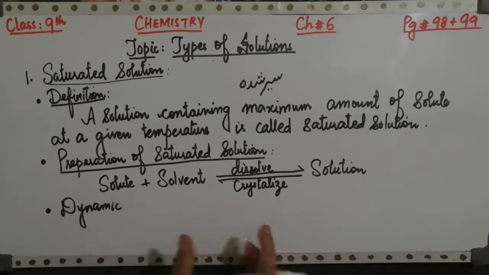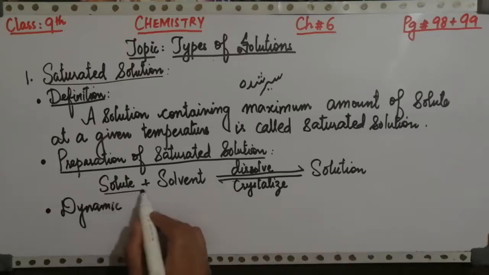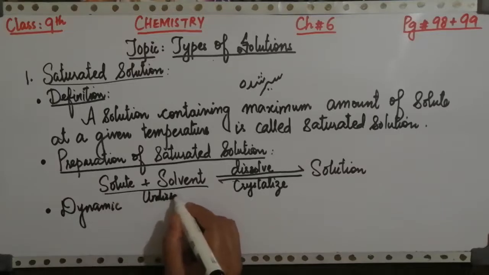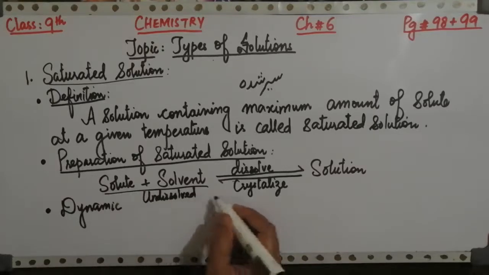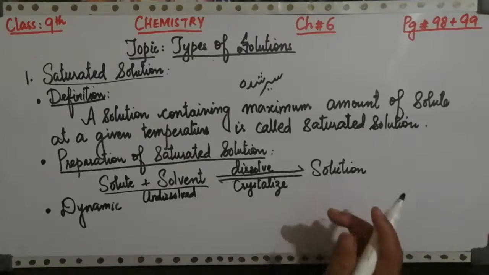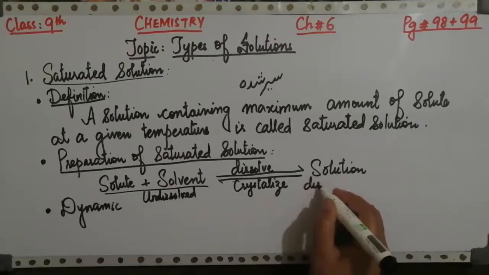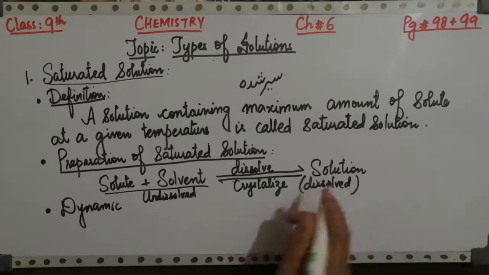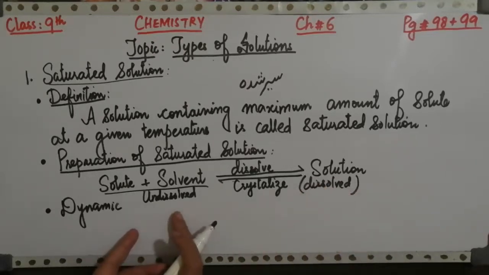And on which side do you think you are observing the undissolved and the dissolved solute? So solute plus solvent are actually the undissolved before the reaction, and after the reaction the dissolved solute will be formed in the form of solution. So this is the dissolved condition, and the other arrows are undissolved.